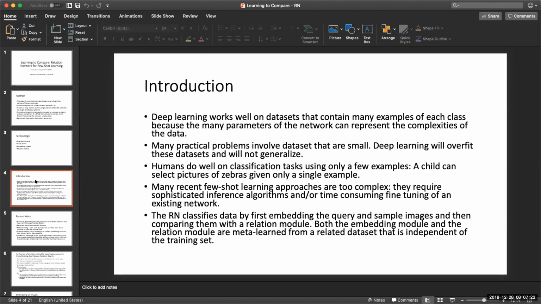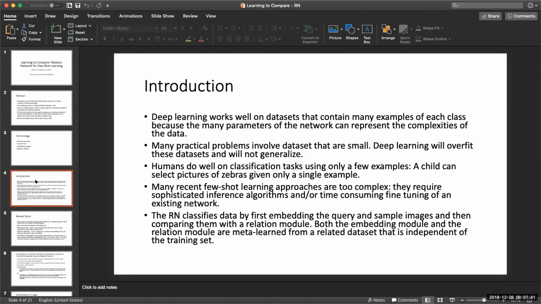But there are lots of practical problems that involve small data sets. So learning with a deep network will overfit these data sets and will not generalize well.